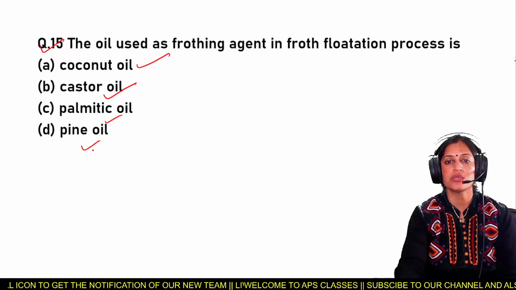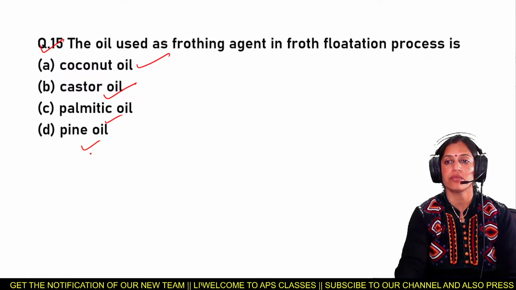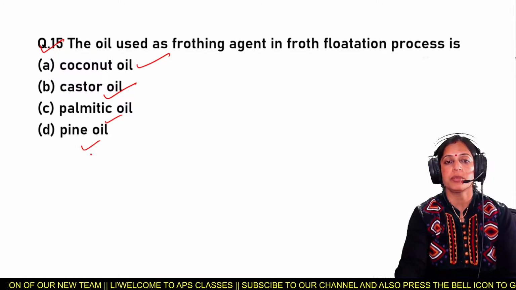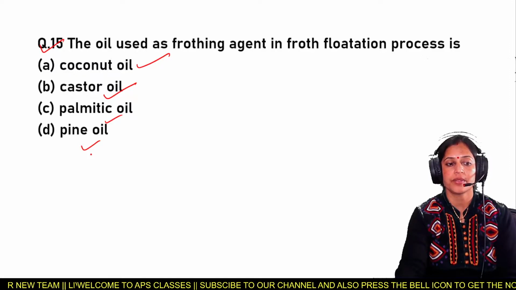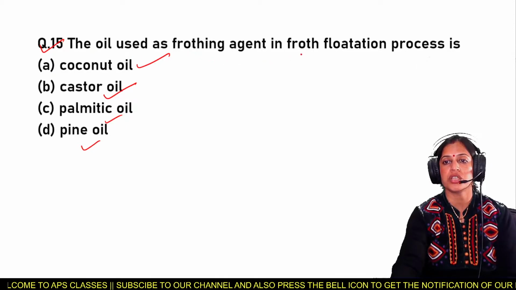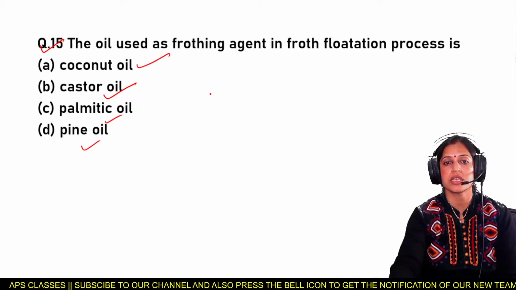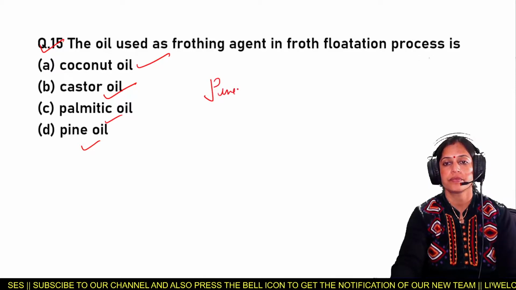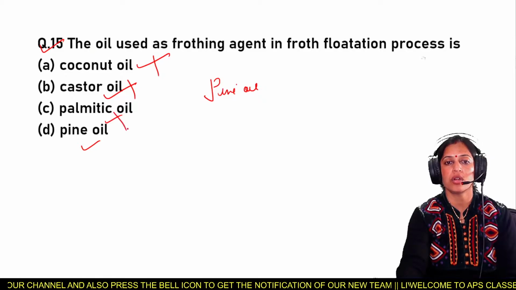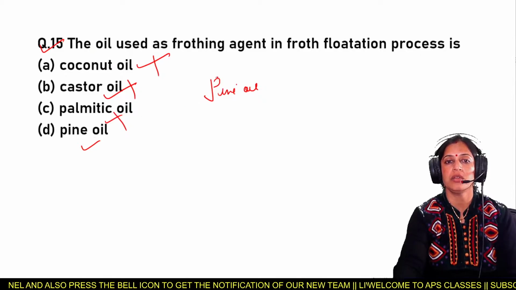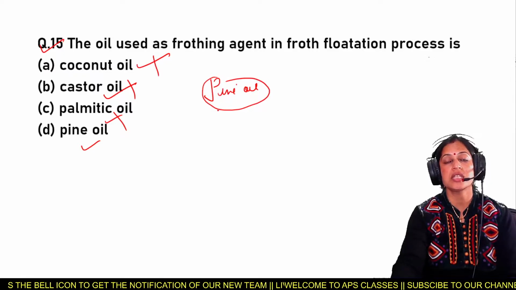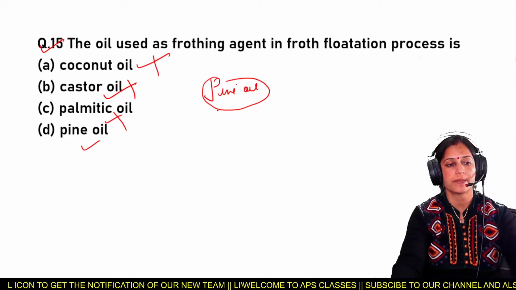So the oil that is used as a frothing agent, especially in the froth flotation process, is pine oil. Not coconut oil, not castor oil, and not palmitic oil. Only pine oil is used as a frothing agent in the froth flotation process.